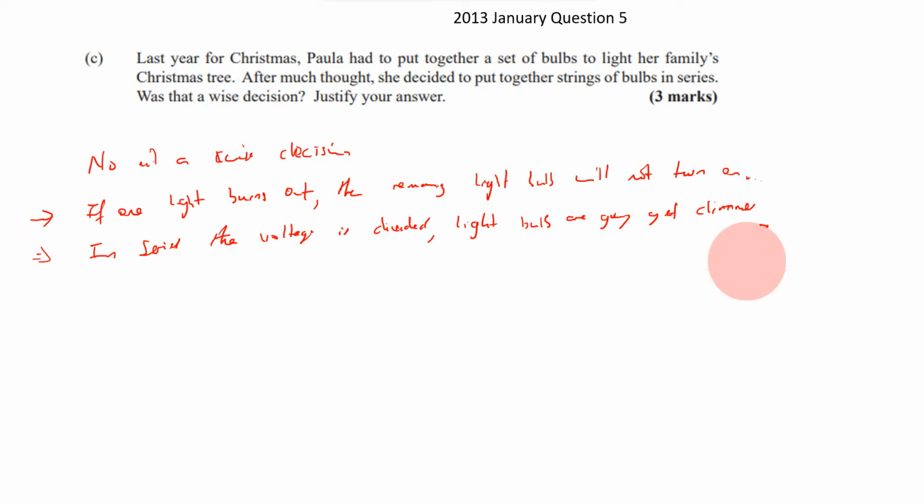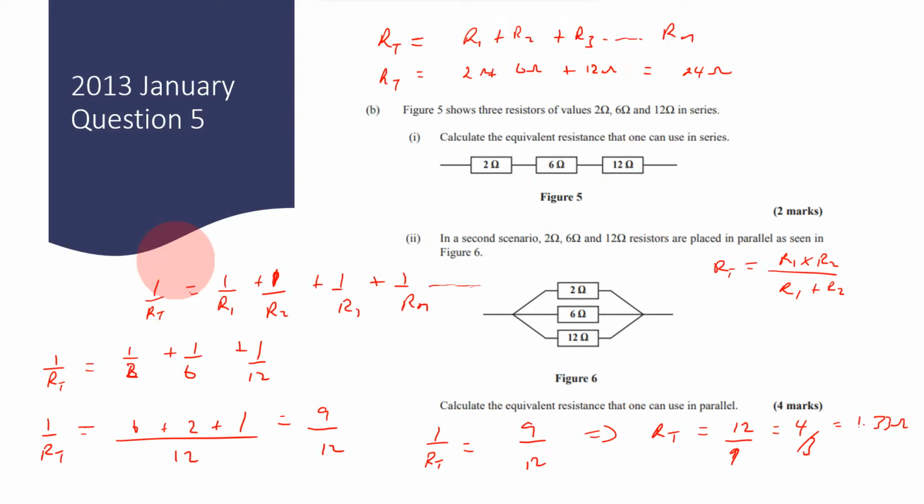Let me see if I can think of anything else. Now in series, if we look back at the previous question, we're seeing that in a series circuit the resistance is very high. So if the resistance is very high, then it shows us clearly that it's going to require a large amount of current to allow the bulbs to operate.